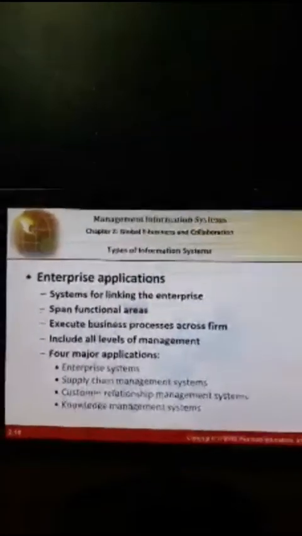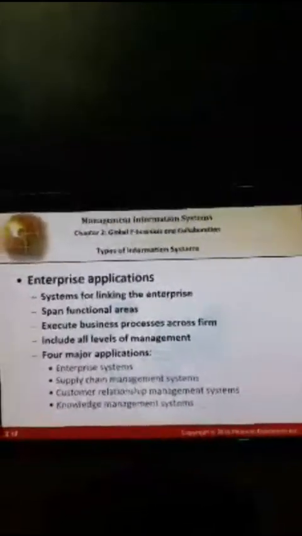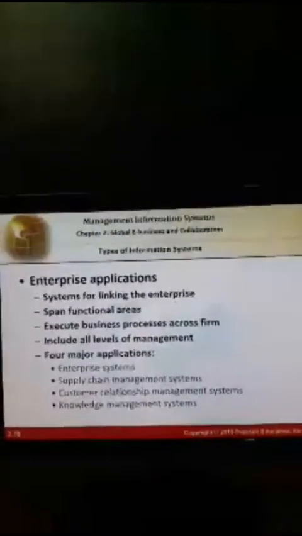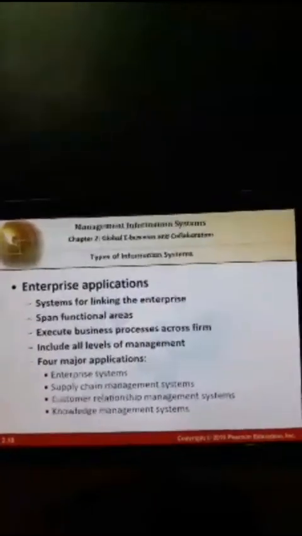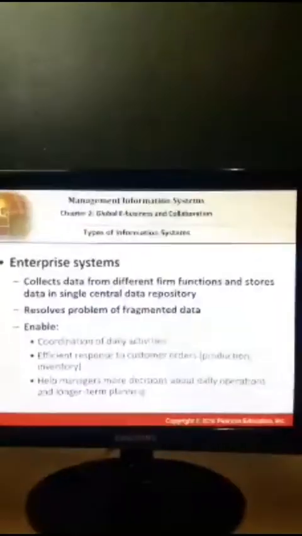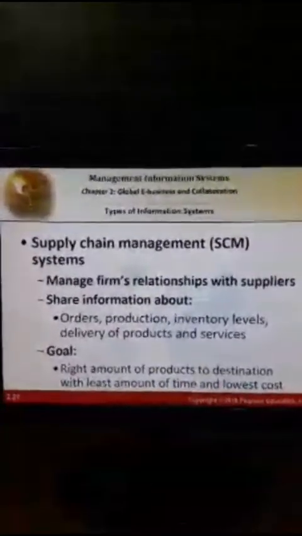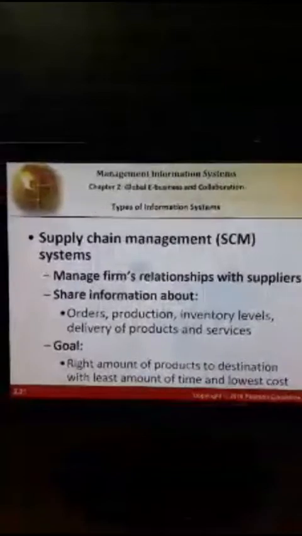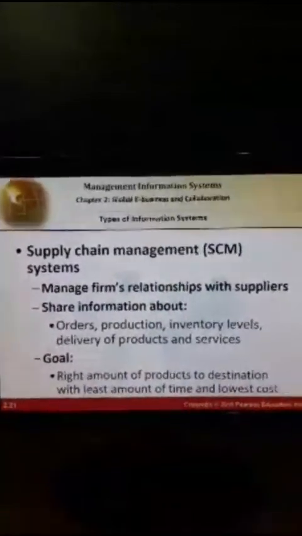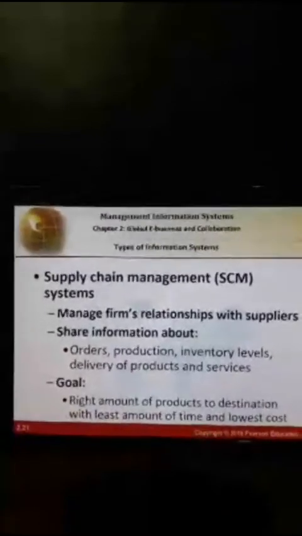The second one is supply chain management. This is actually a system to link up with the suppliers. In the back end, we need to maintain the relationship with these suppliers. If you have a better relationship with the suppliers, then you won't face difficulties in the production process.